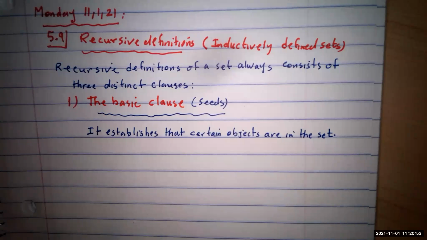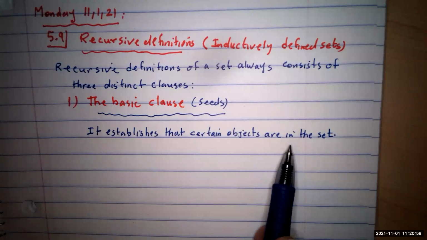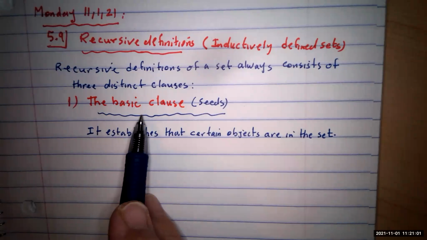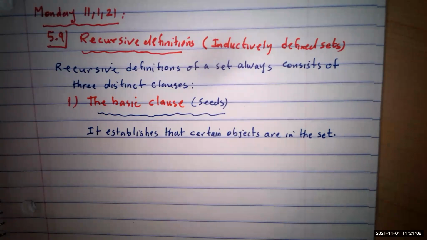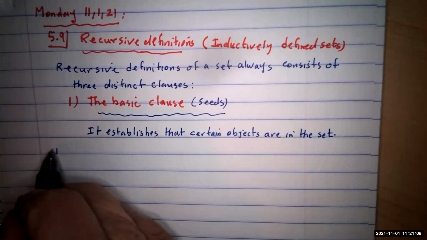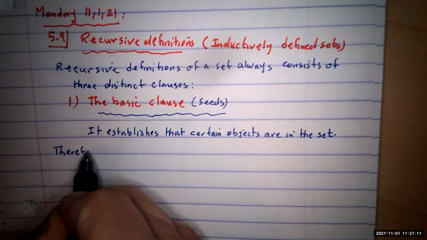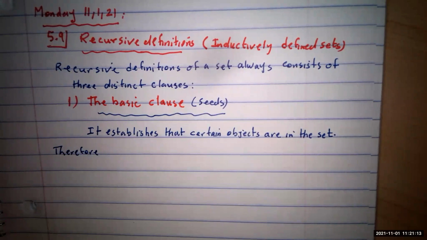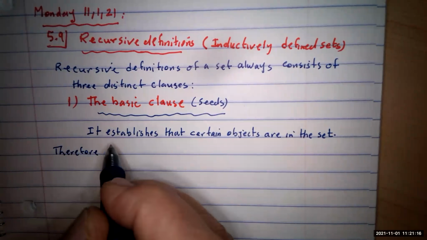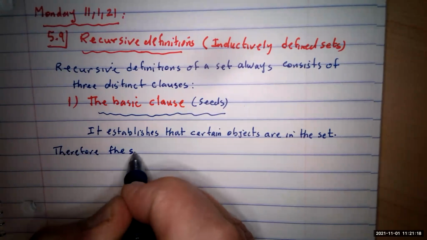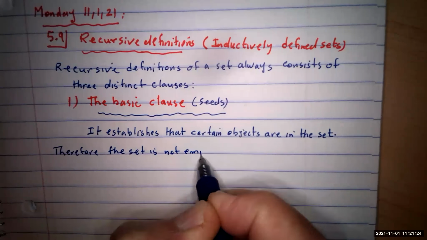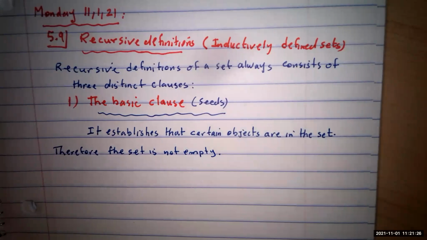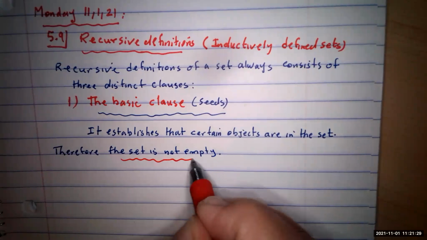If you want to buy something, you need money. So as soon as you're given something to start with, we say, oh, so my set is not empty. I have something to start with. Because you cannot build anything on an empty set. So this clause would guarantee that your set is not empty.